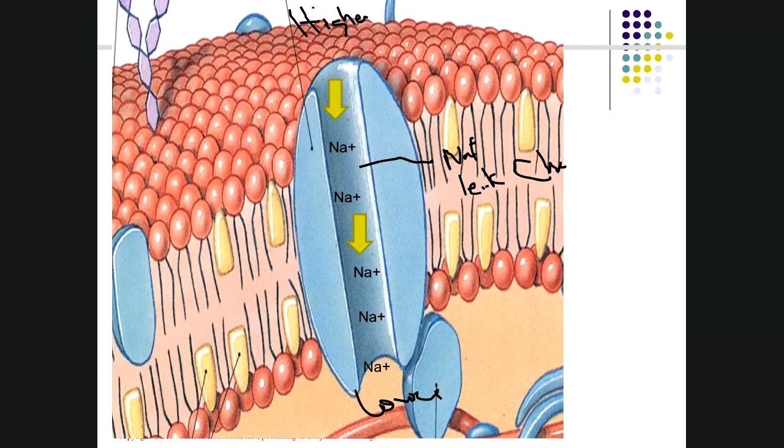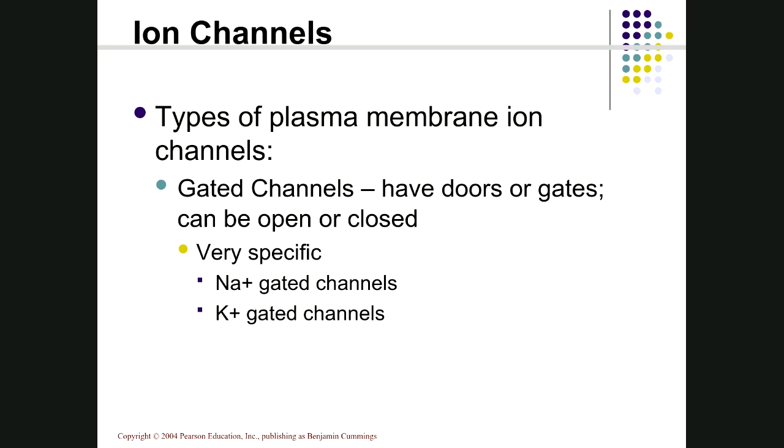Okay, but not all channels are leak channels. Not all channels are open all the time. Some channels have gates on them, or doors. And if you have a door or a gate, it could be open or it could be closed.